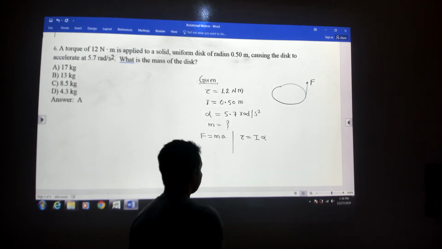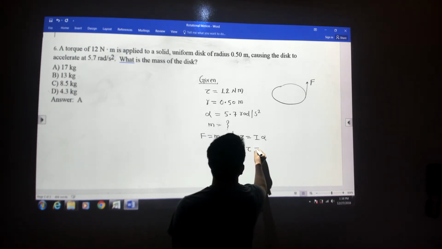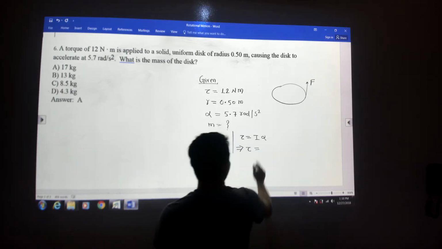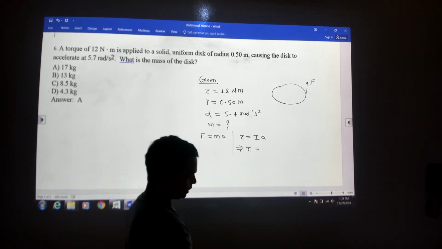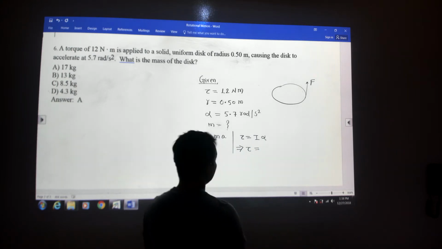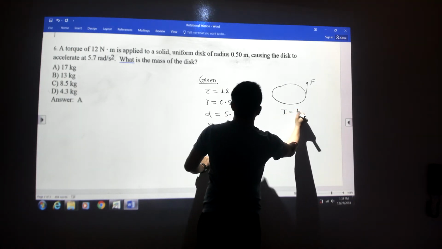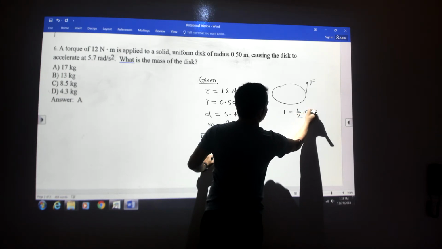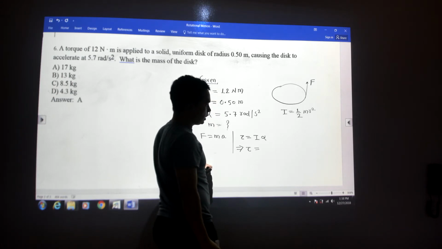Now, the I is the moment of inertia of the disk, and the moment of inertia of the disk is given by half mr squared. So this is the moment of inertia of the disk.